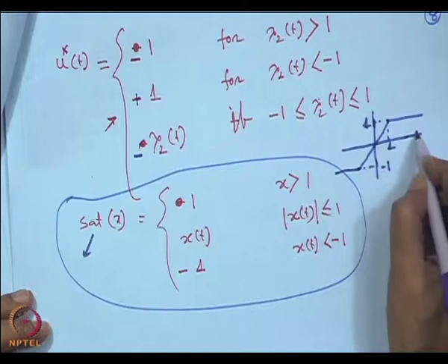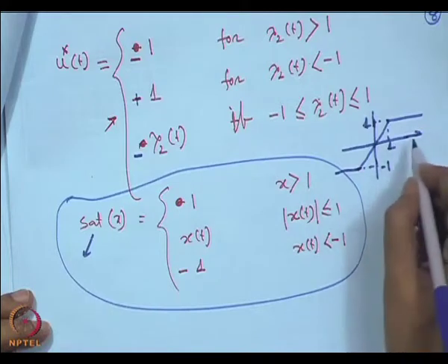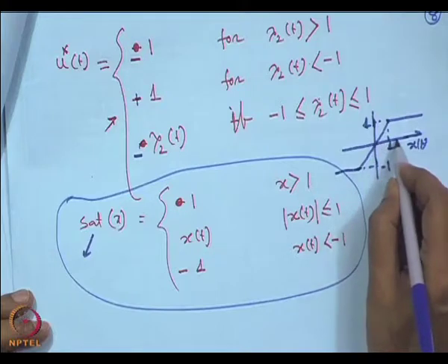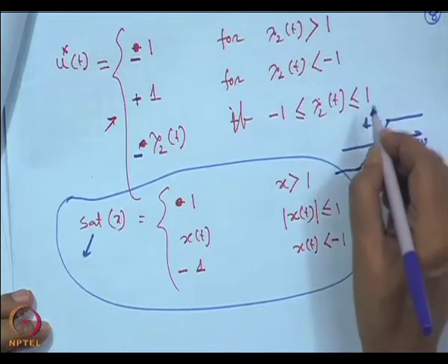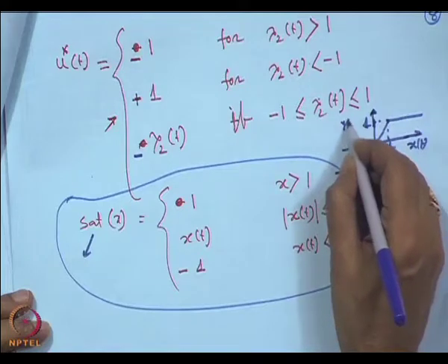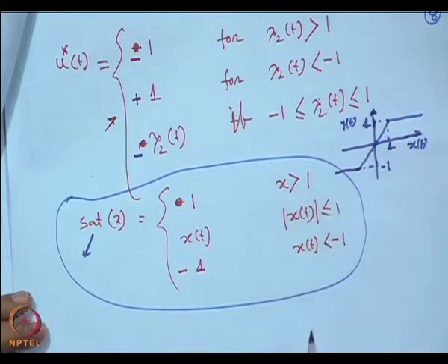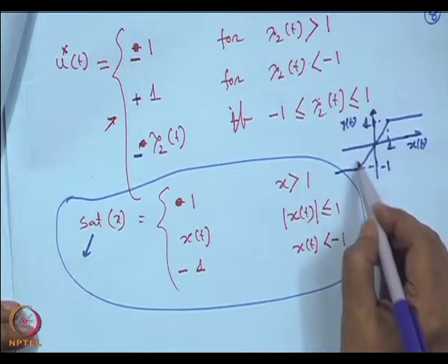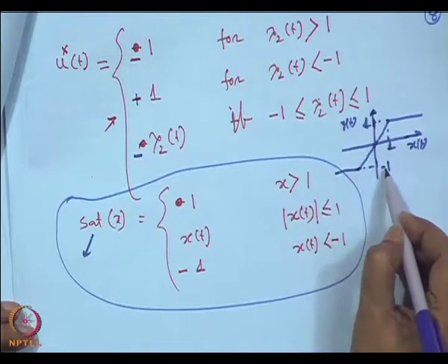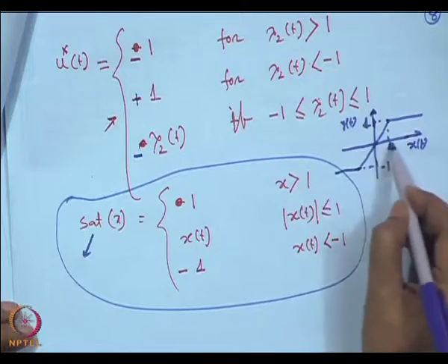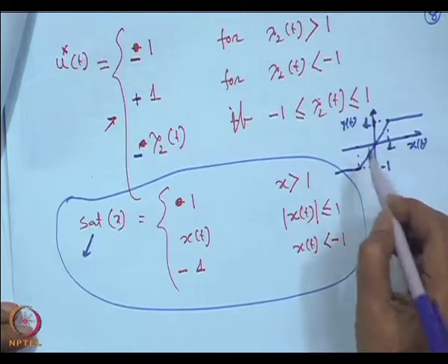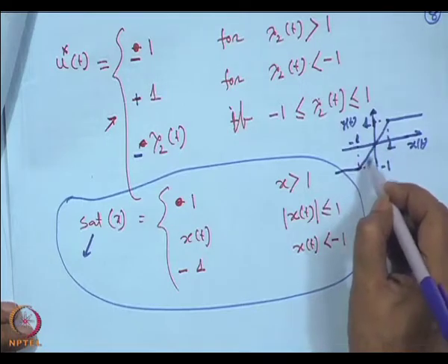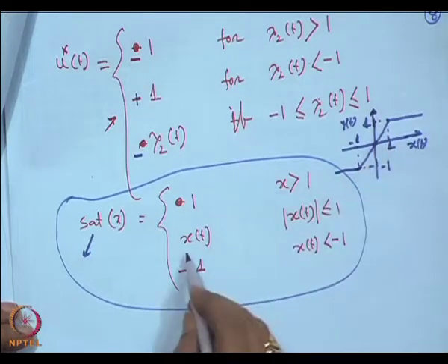If you can say that this is x of t, when x of t is greater than or equal to 1, the output, you can say y of t, will be 1. When this is less than -1, that output will be -1. When x is in between -1 to 1, that will be the value of x we have to consider.